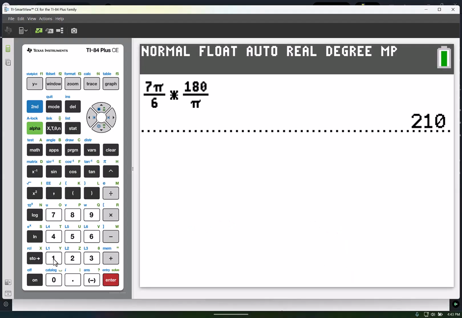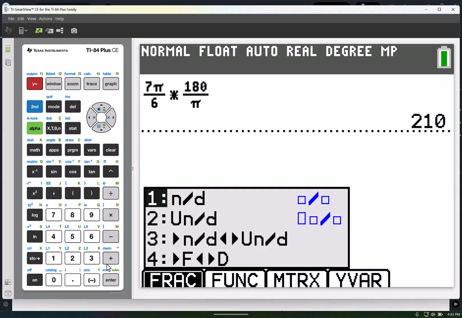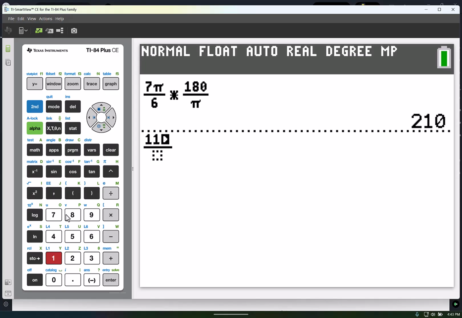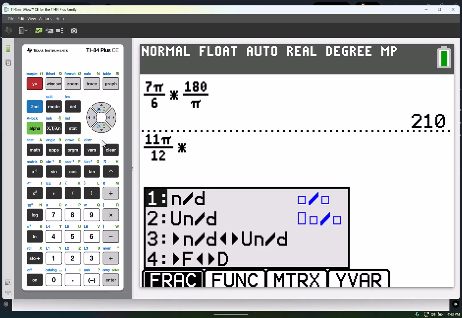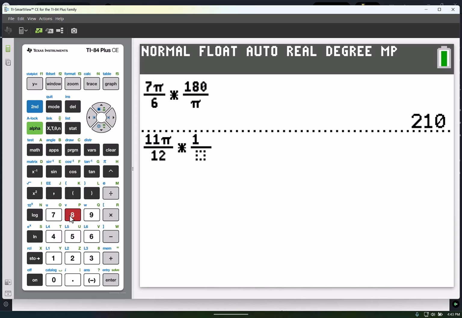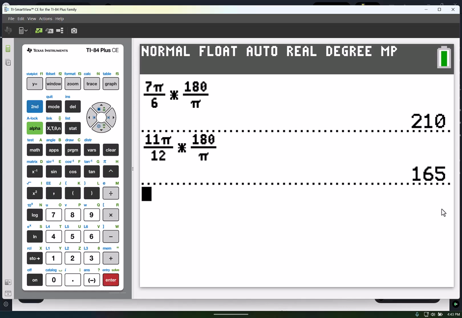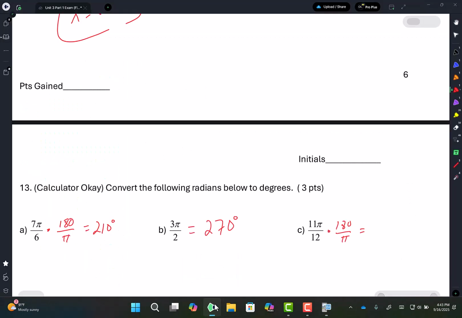You don't have to put the pi in there because the pi's cancel out anyway if you just go times 180. 11 pi over 12 times 180 over pi. There it is, 165. So 165 degrees. Make sure to put the degree symbol.